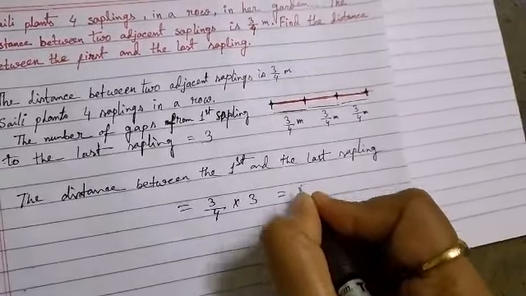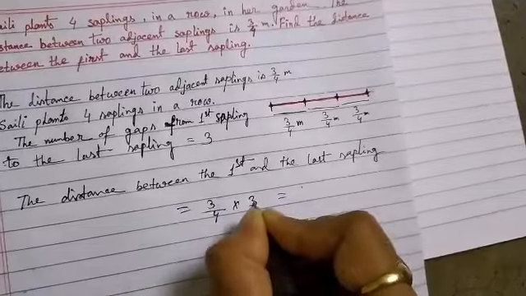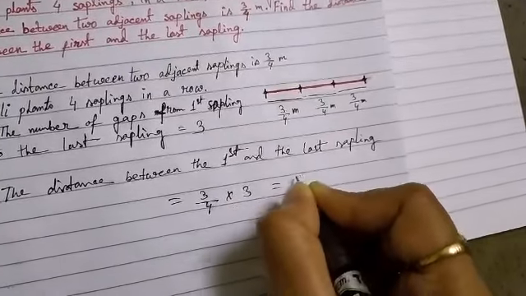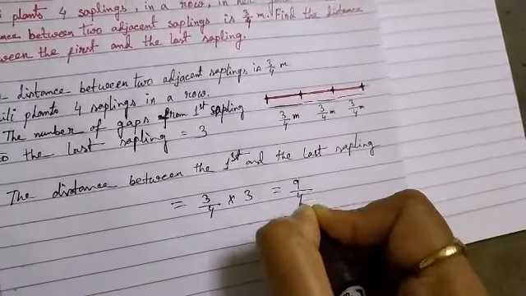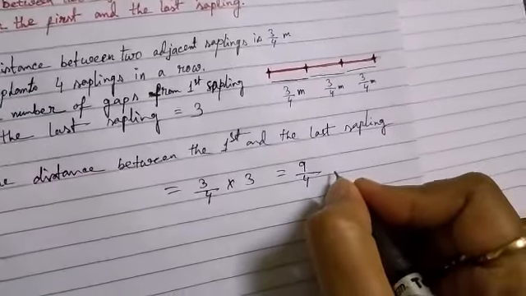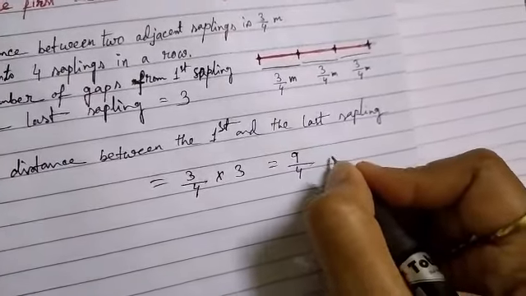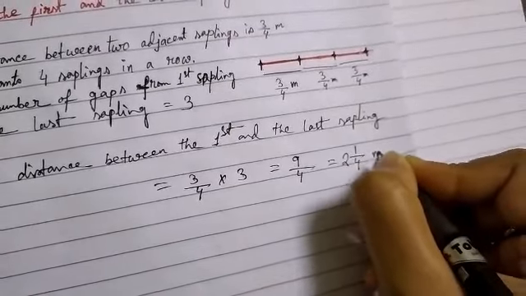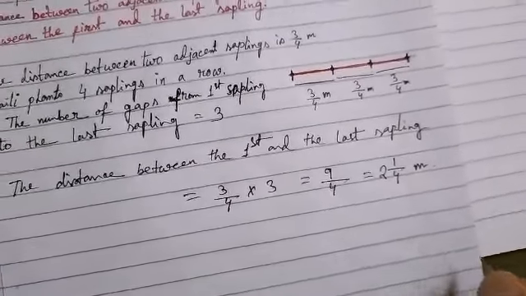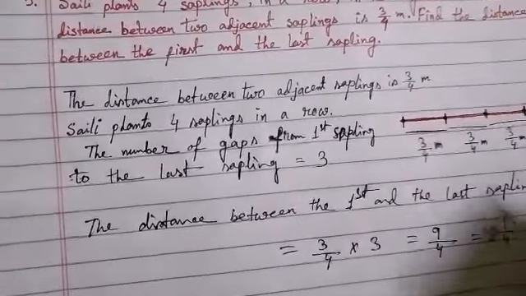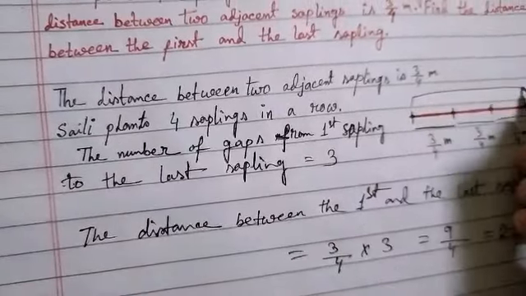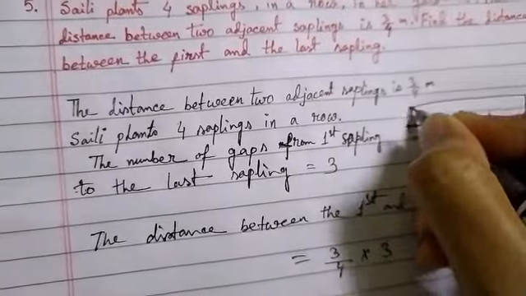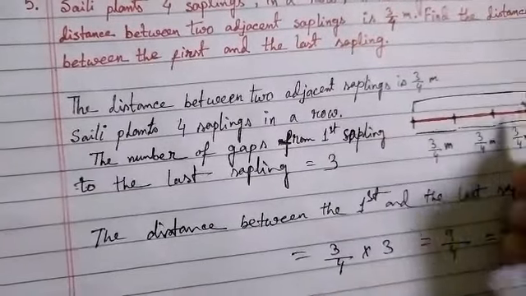That means numerators will be multiplied, 3 into 3, that means 9/4. That should be converted into a mixed fraction. 4 twos are 8, 2 1/4 meter. This is the answer. That means this total distance we have to find out.